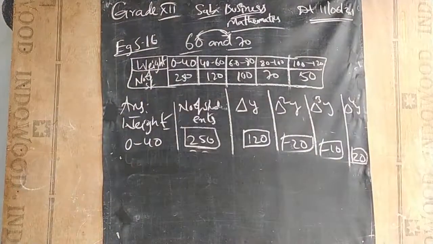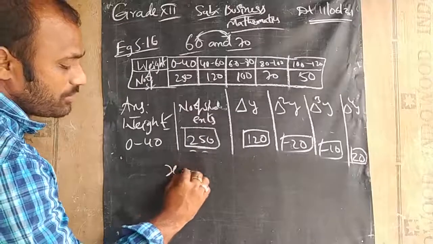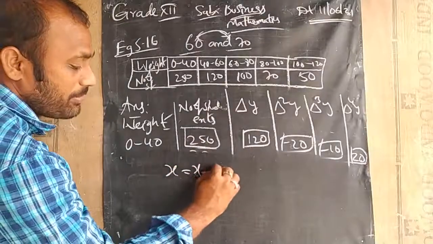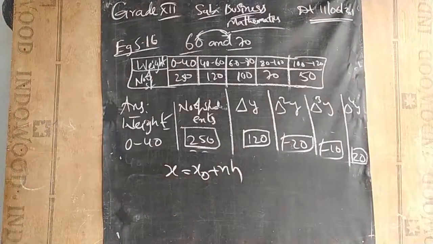Let us write the formula here. So what is the formula for the forward difference table? First let us find out the n value, that is x is equal to x naught plus nh.